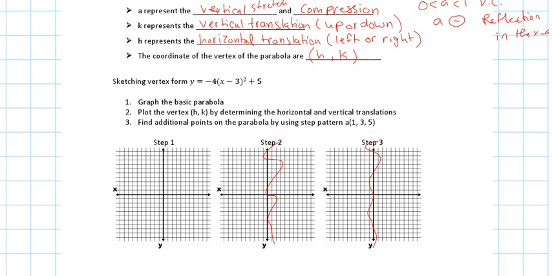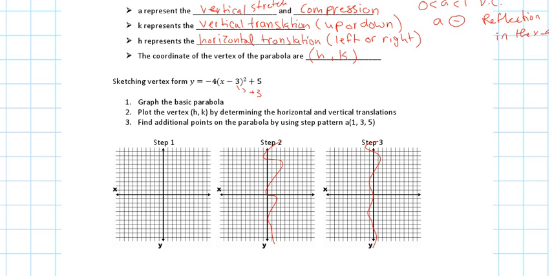Vertical stretch, because it's a 4, and 4 is greater than 1. Then you have the 3. That's your horizontal translation. Where is it moving? To the right 3 units. Remember, it's opposite to what you see, so this is a positive 3. And then your 5 is your vertical translation, 5 units up, because you're adding 5.